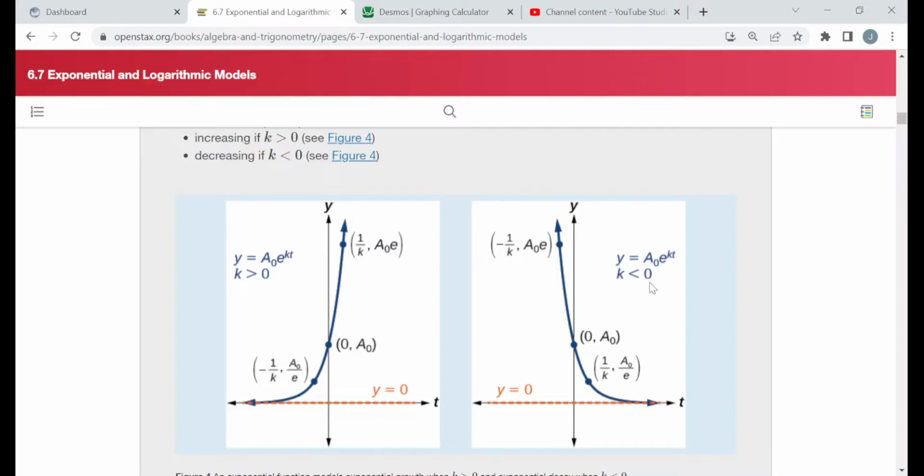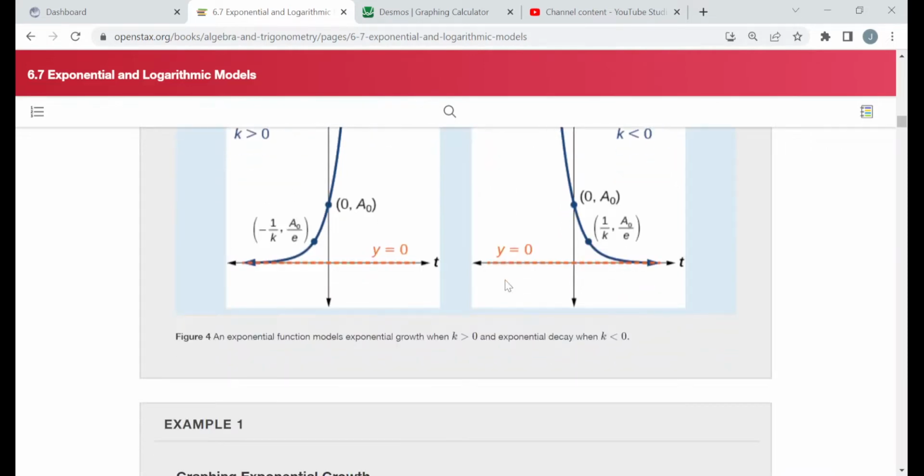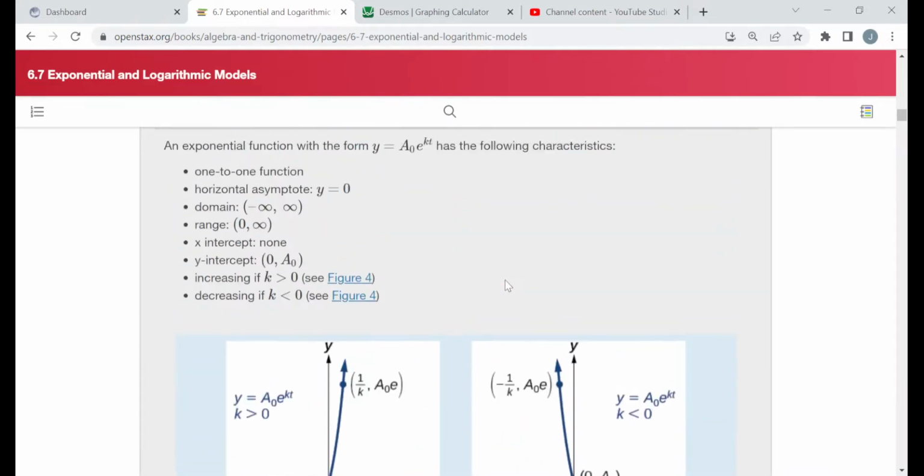When k is negative, they call it the decay rate, and it'll be a decreasing function. We're using this model for every single one of the problems in this video.